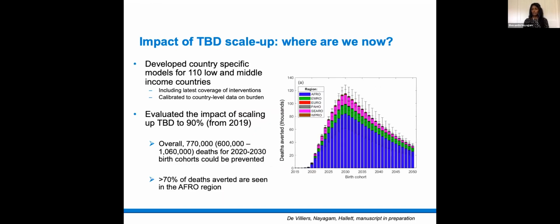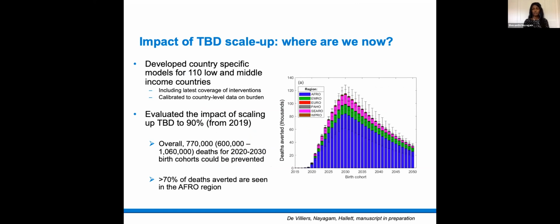So here we developed country-specific models for 110 low and middle income countries. So this actually encompasses about 92% of the global hepatitis B positive people, and includes all Gavi-funded countries, and included the latest coverage of interventions and calibrated country level data now, rather than regional level data with the previous model, on burden.